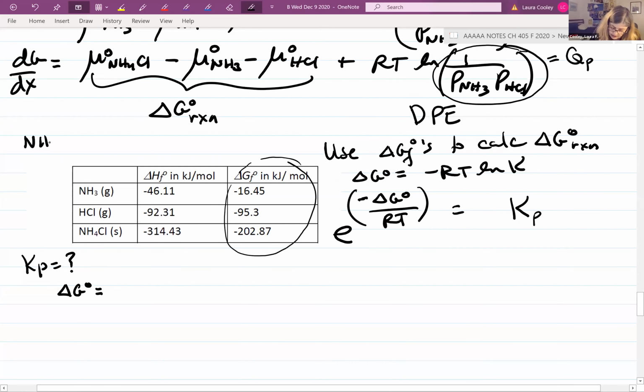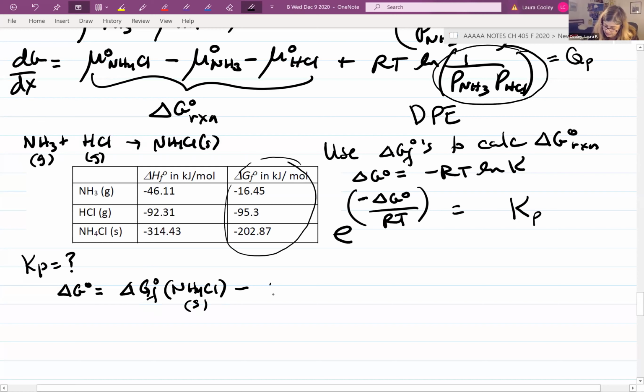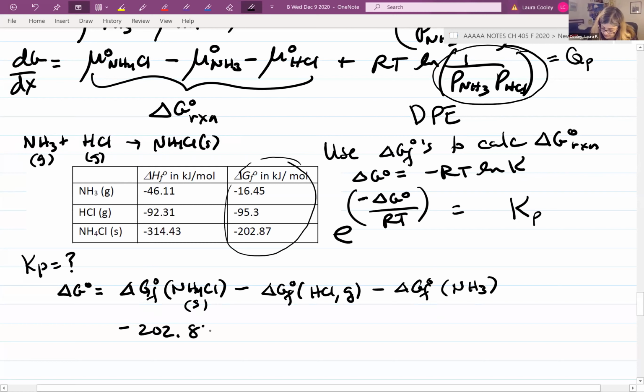Okay, so delta G0. All right, let's get that. The reaction is NH3 plus HCl gas goes to NH4Cl. So we have delta G F0 of the ammonium chloride, solid, minus delta G F0 of HCl, minus delta G F0 of NH3. So that's negative 202.87 minus negative 95.3.